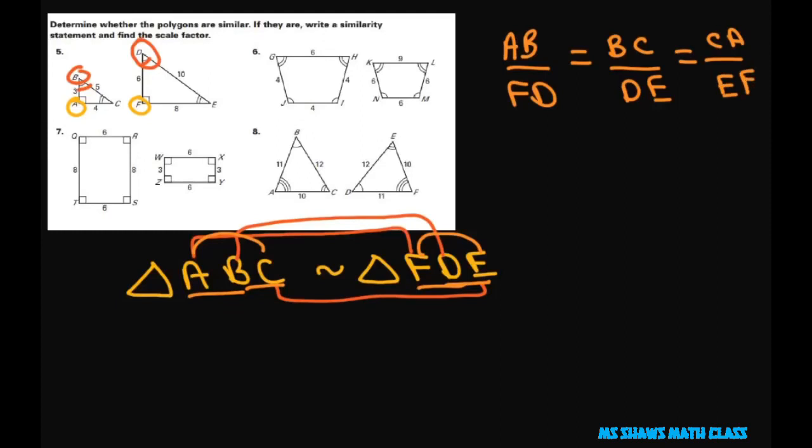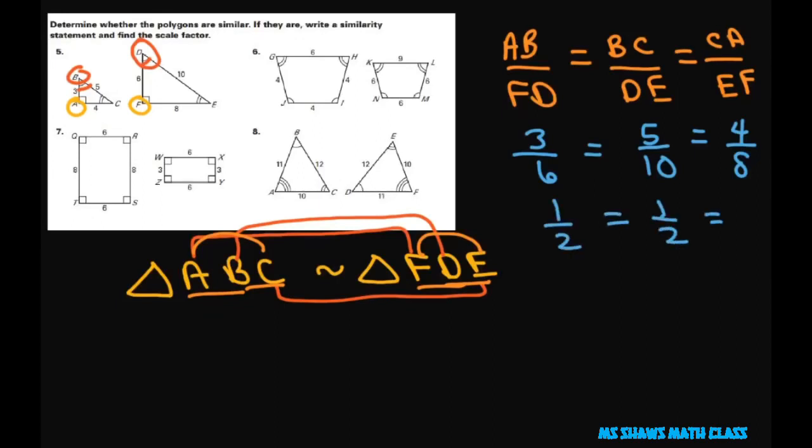So let's write all that down. AB is 3. FD is 6. BC is 5. DE is 10. CA is 4. And EF is 8. And if you notice, all these are reduced to 1/2. So 1/2 is your scale factor.